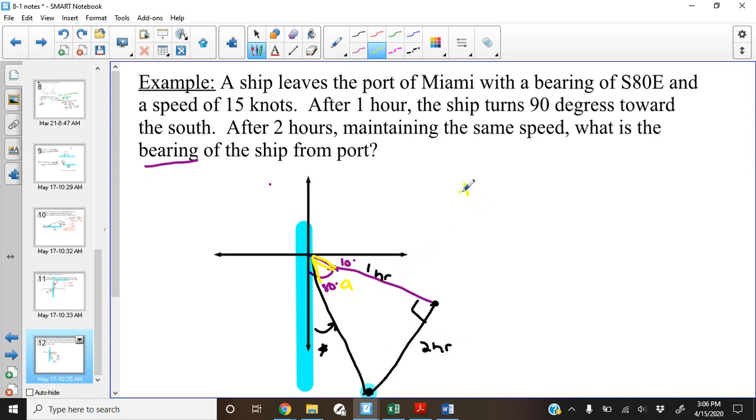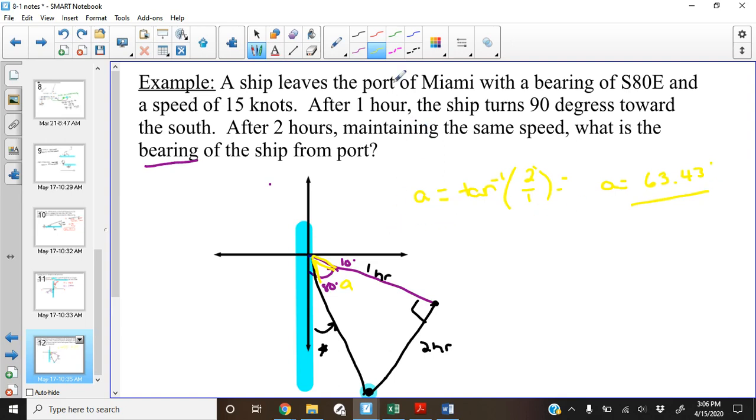So tan inverse is going to give us what A is. Tan inverse of opposite over adjacent, 2 over 1, is going to give us the angle value for A to be 63.43 degrees.